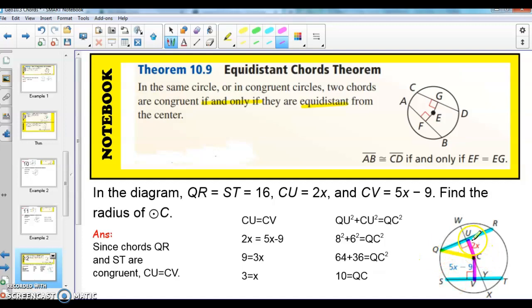Going back, so this is 6 squared plus 8 squared is equal to QC squared. So 64 plus 36 is equal to the square of that. If you take the positive square root of 100, then QC is equal to 10. So that means the radius of the circle is equal to 10.